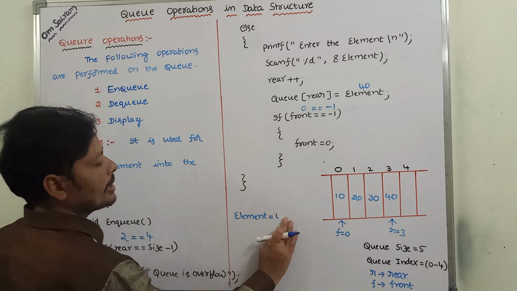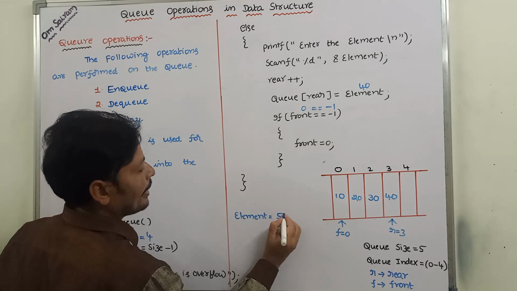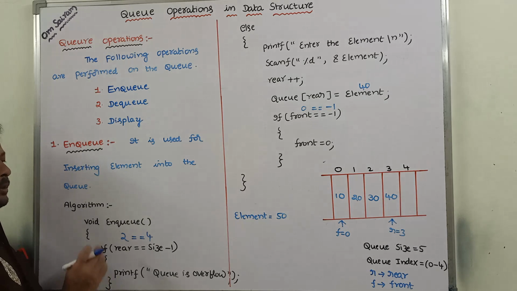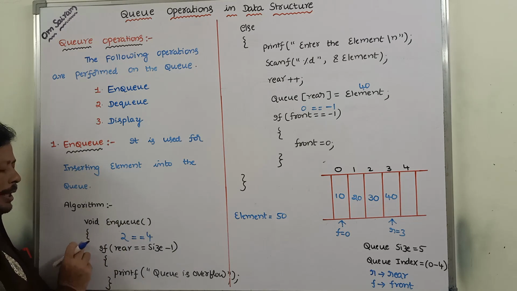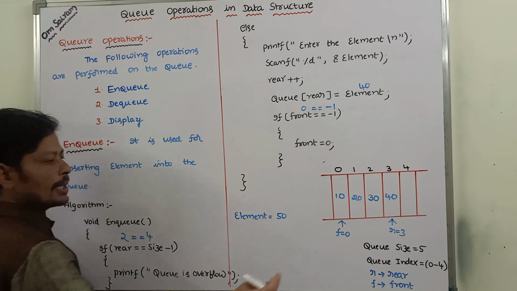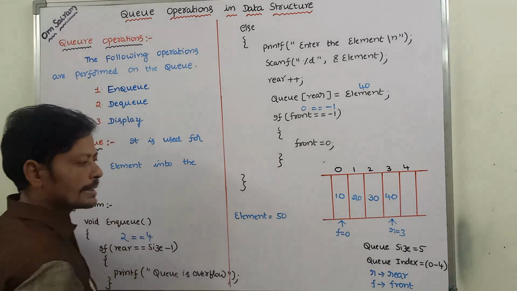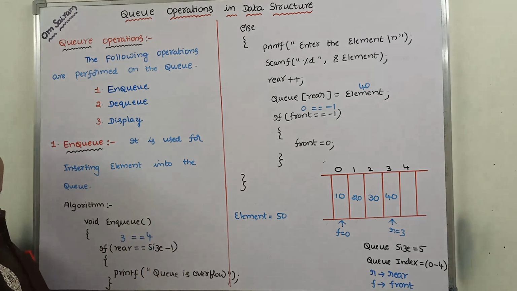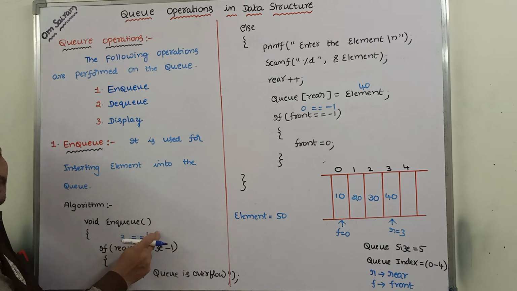Next, now we are inserting element 50. Void enqueue, if rear equal to size minus 1. What is the rear value pointing to? 3. So now 3 equal to 4. So that is condition false.